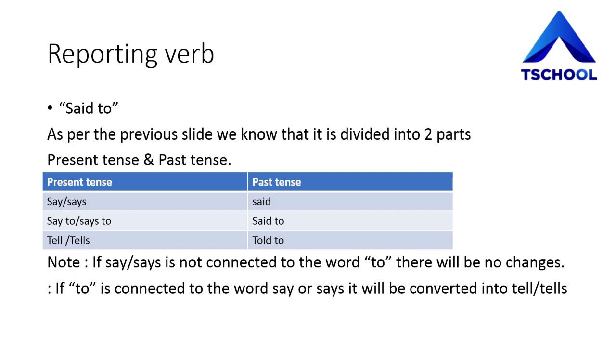Tell and tells, that changes to told, again past tense. One important note, if say or says is not connected to the word to, there will be no changes. If to is connected to the word say or says, it will be converted into tell or tells. So if it is converted into tell or tells in present tense, automatically it would be converted to told.